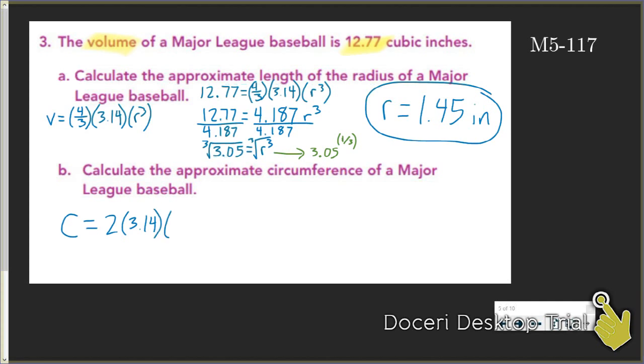Well, our radius here was 1 and 45 hundredths. And when you type that into your calculator, you end up with 9 and 1/10. And that is again in inches. And circumference is a measurement of distance, and so it is not squared, it is not cubed, it is just left in inches.